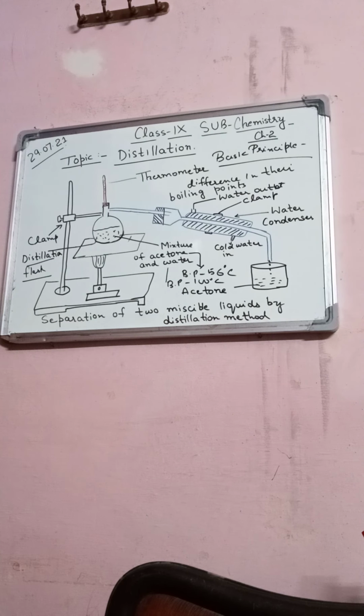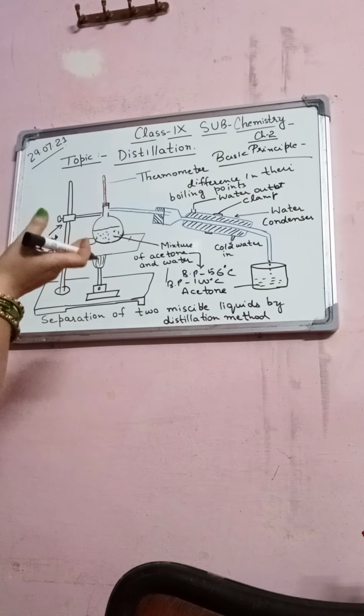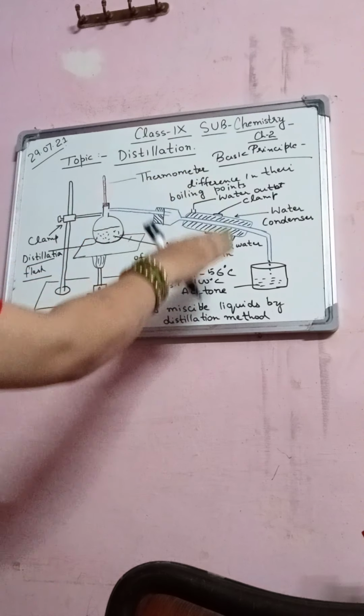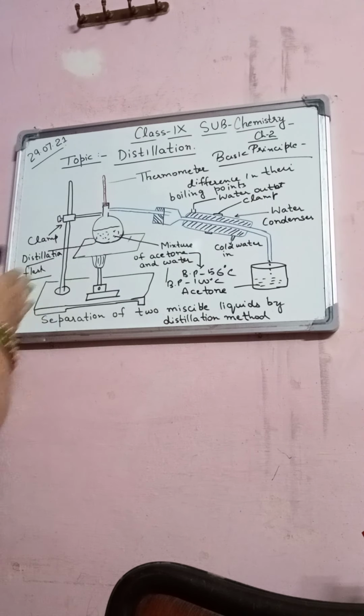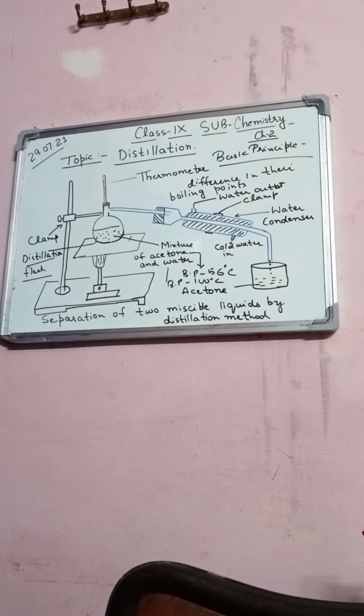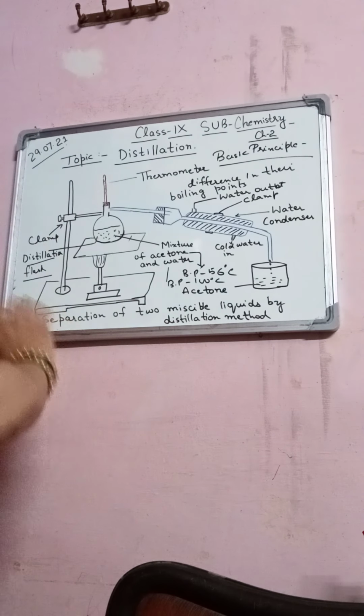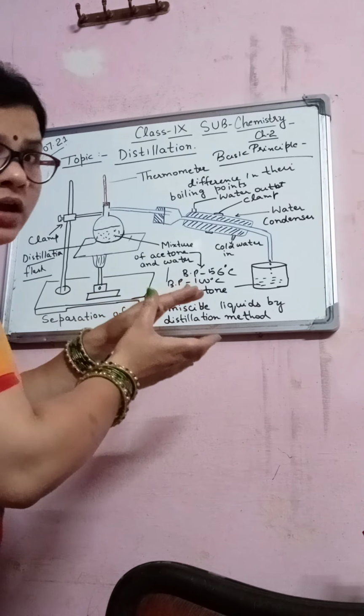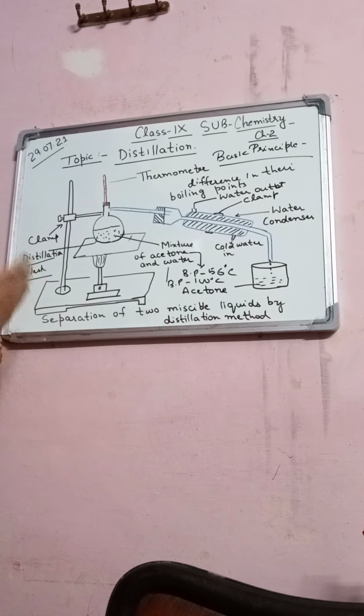Okay, friends. With this apparatus we can see how to separate two miscible liquids. You can understand the principle like this. So this is about simple distillation. In the next video I will explain fractional distillation.